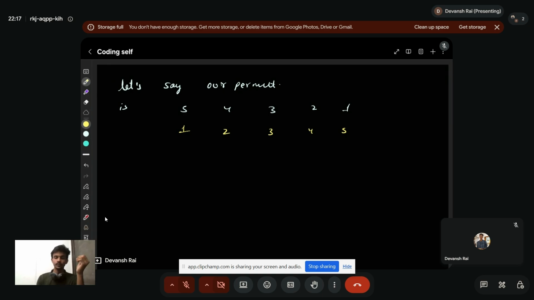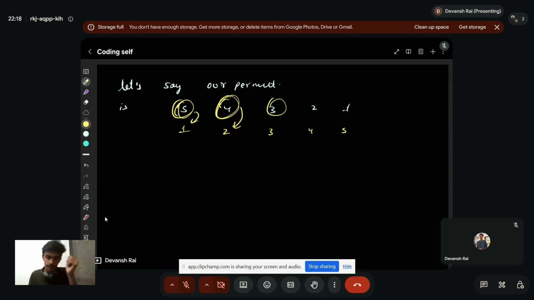So the index of 5 is 1, the index of 4 is 2, the index of 3 is 3, the index of 2 is 4. So the index that each p_i element of every permutation has, the same index should be in the place of p_i, right? If we want to sort them in the ascending order.